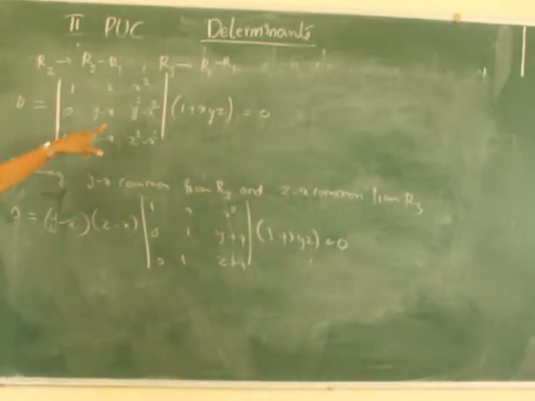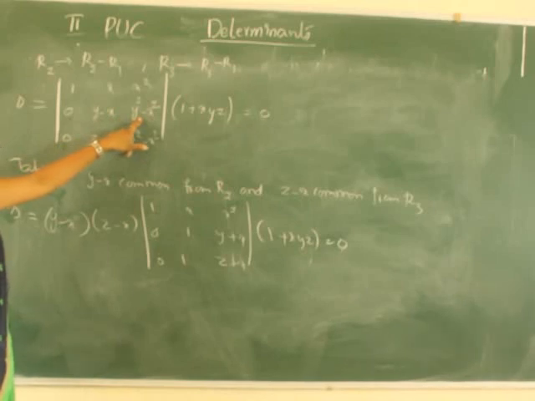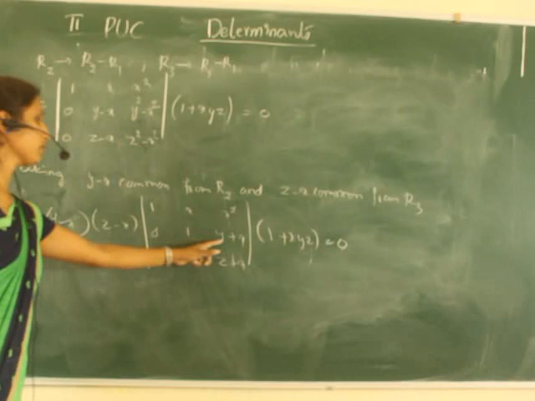Y square minus x square means y plus x into y minus x. I have taken y minus x, so y plus x remains.